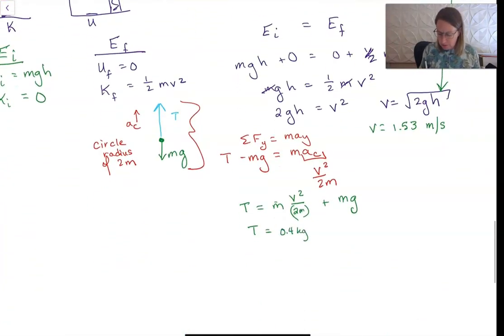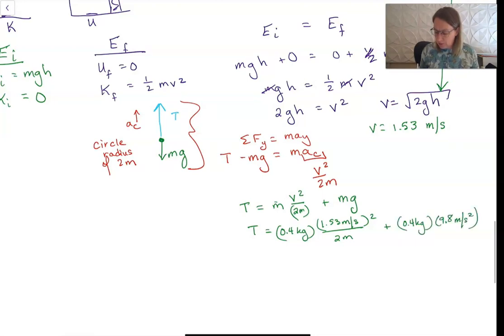And so substituting everything in, I get tension is equal to, what was my mass? 0.4 kilograms times 1.53 meters per second squared over 2 meters plus 0.4 kilograms times 9.8 meters per second squared. This is 3.92 newtons, and this altogether I calculate to be 0.47 newtons.